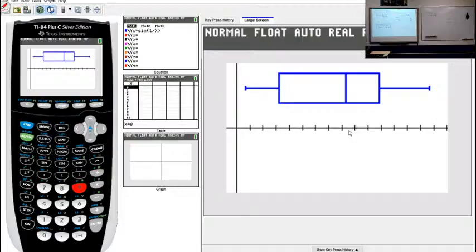Now, there are two different measurements we can make of spread with this box plot. One of them you should be familiar with. It's if I went from n to n and figured out what's the largest value, what's the smallest value, how far apart are they. This is called the range. Take the maximum minus the minimum.